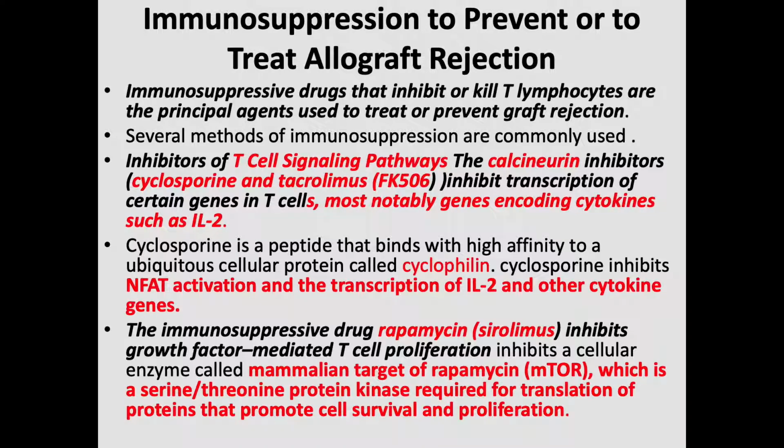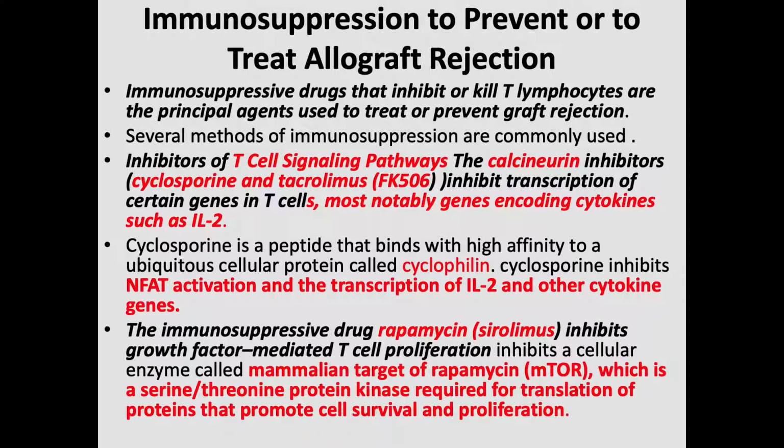This happens because calcineurin inhibitors like cyclosporin bind a specific protein, cyclophilin for cyclosporin, and this binding leads to inhibition of nuclear factor of activated T cells, and eventually the nuclear factor kappa B pathway will be disrupted and interleukin-2 will be suppressed, so there won't be any production of interleukin-2.